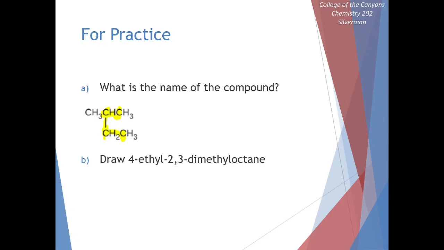Which is the right way to do it? Well, we want to do it in the way that leads to our groups on our smallest numbers. If we're looking at this, we can have 1, 2, 3, 4. Our second carbon has the group, has the branch.